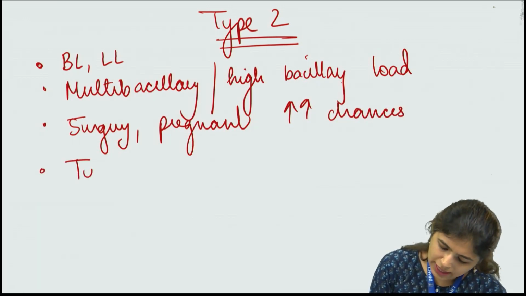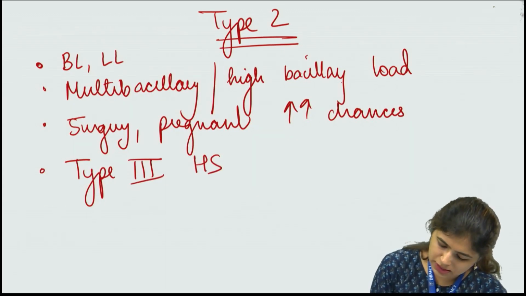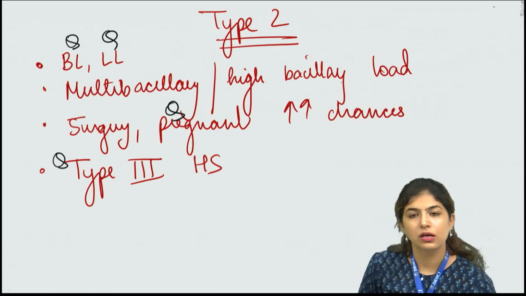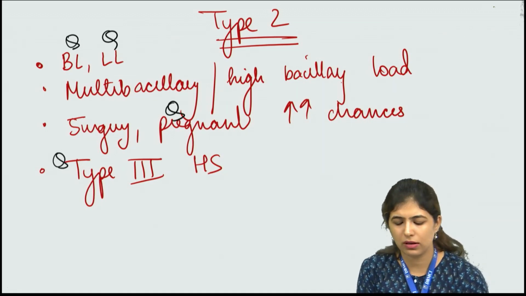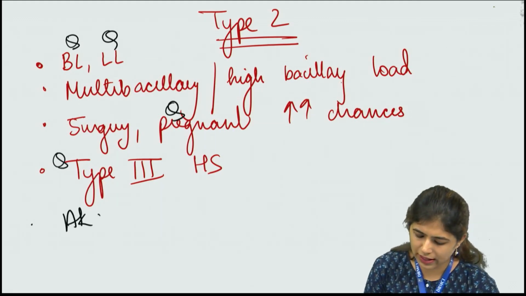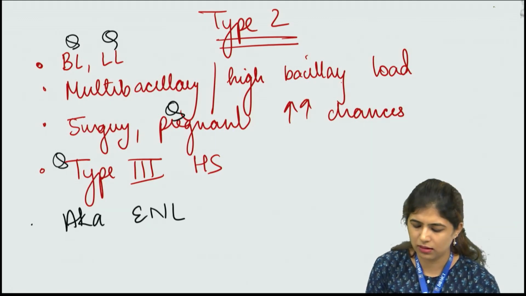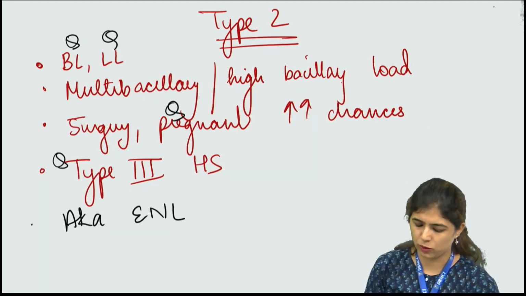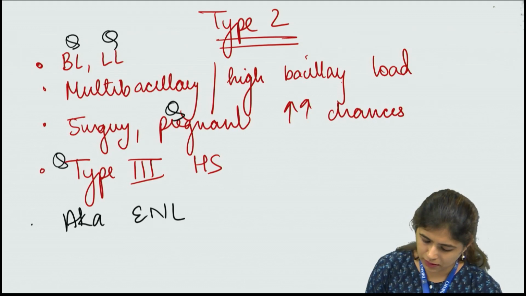What is this? This is actually a type 3 hypersensitivity. Very important is this and this. Okay? Clear to everyone? Yes? And this is also called ENL, which is your erythema nodosum leprosum.